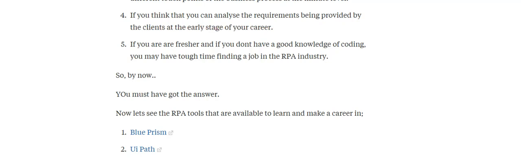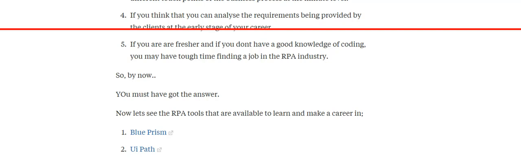Each and every MNC, like Infosys and Cognizant, has created some different tools. Every company has created its own robotics tools and is working on them. These are the things to consider majorly when you are a fresher jumping into RPA.